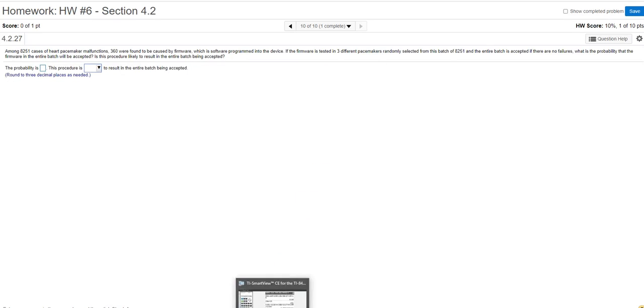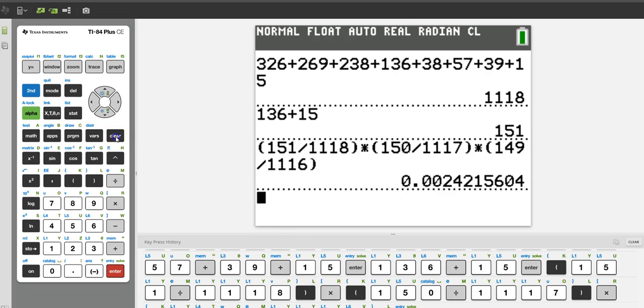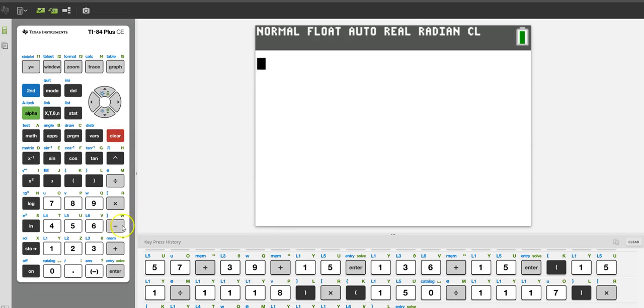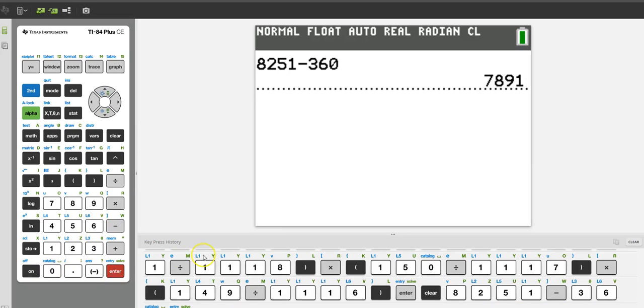So to figure out how many good ones, let me clear all this junk out. So it was 8251 minus 360 are the good ones. So that's 7891 are good ones. So 7891 out of 8251 are the good ones.